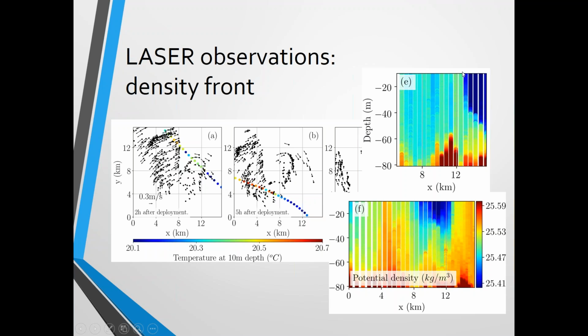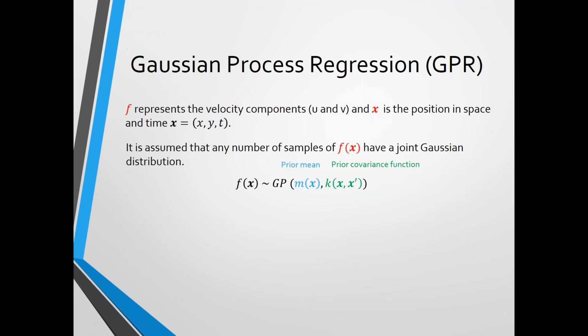In the vertical profile, you see the intense density front from near the surface to between 40 and 60 meters depth, and here you have the density front around x equals 8. So there is evidence of intense submesoscale activity happening there.